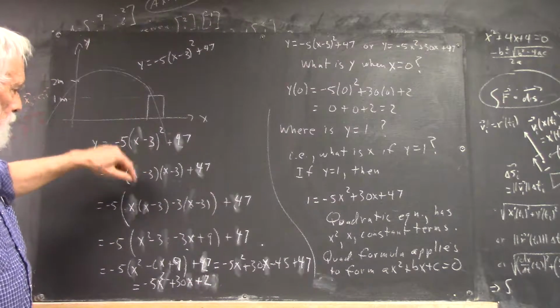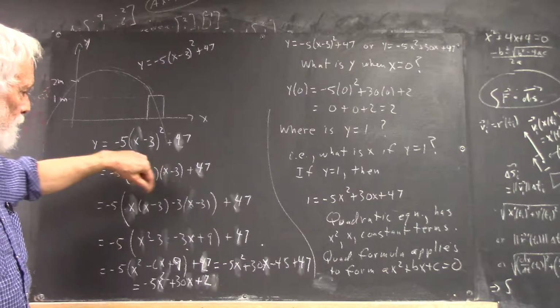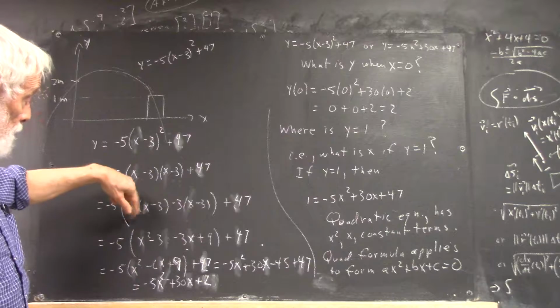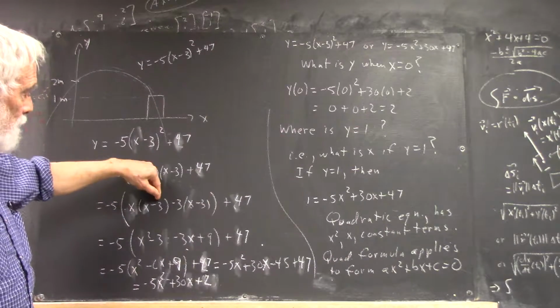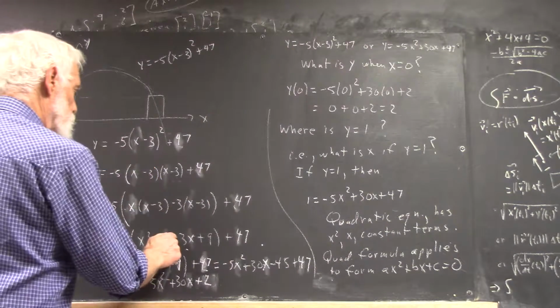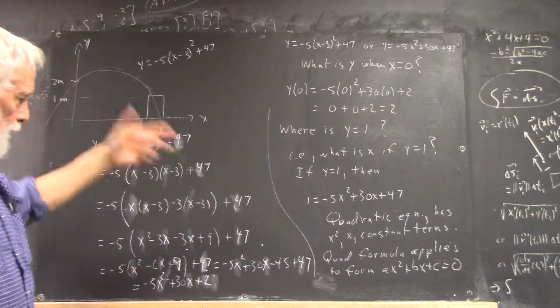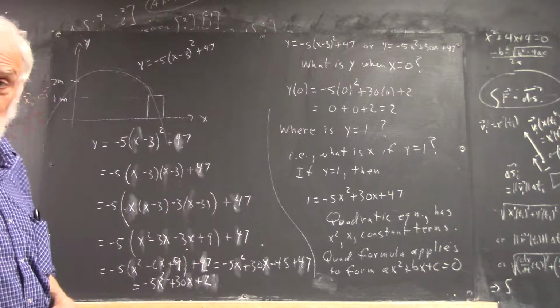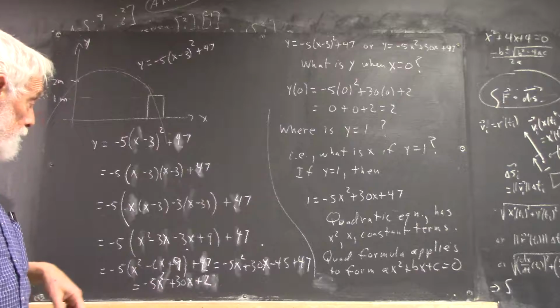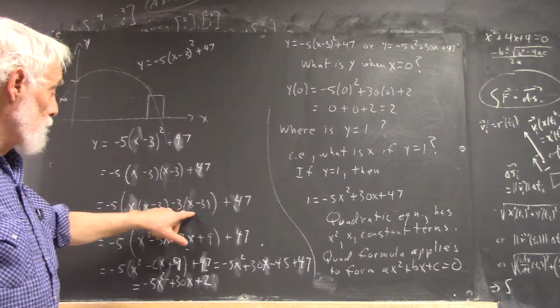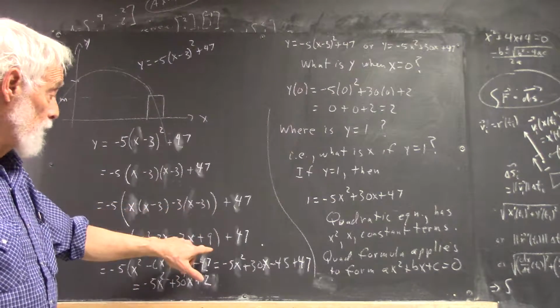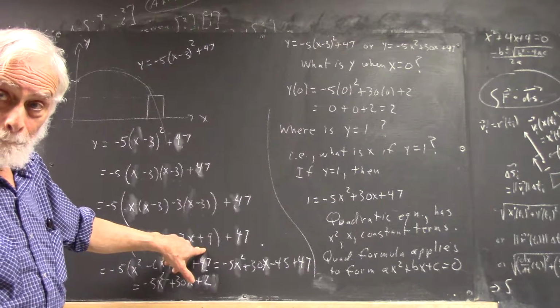We apply the distributive law here. X times x minus 3 is x times x, that's x squared, plus x times -3, which is -3x. I originally had t down there, which didn't make any sense, and I didn't write that one back in. And then minus 3 times x is -3x, minus 3 times -3 is plus 9.